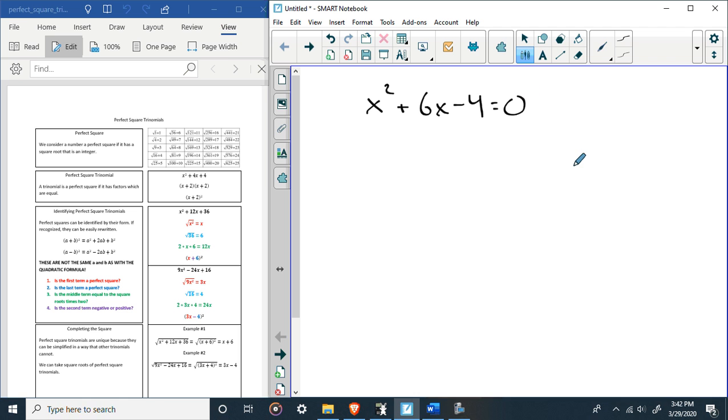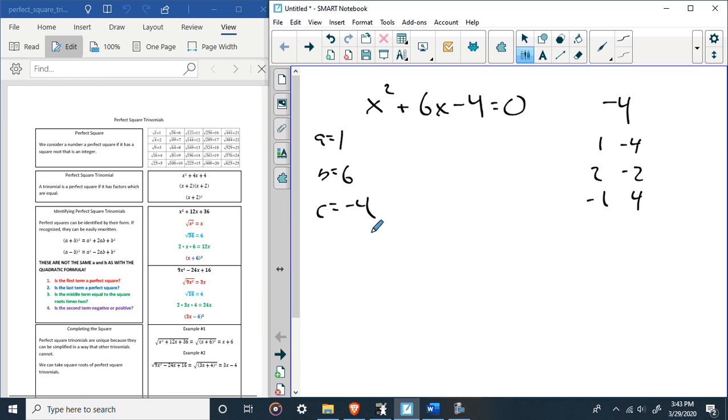Now, we can go ahead and list A is equal to 1, B is equal to 6, and C is equal to negative 4. So if we took the factors of negative 4 that added up to 6, well, I've got 1 and negative 4, 2 and negative 2, and negative 1 and positive 4. None of these things add up to 6.